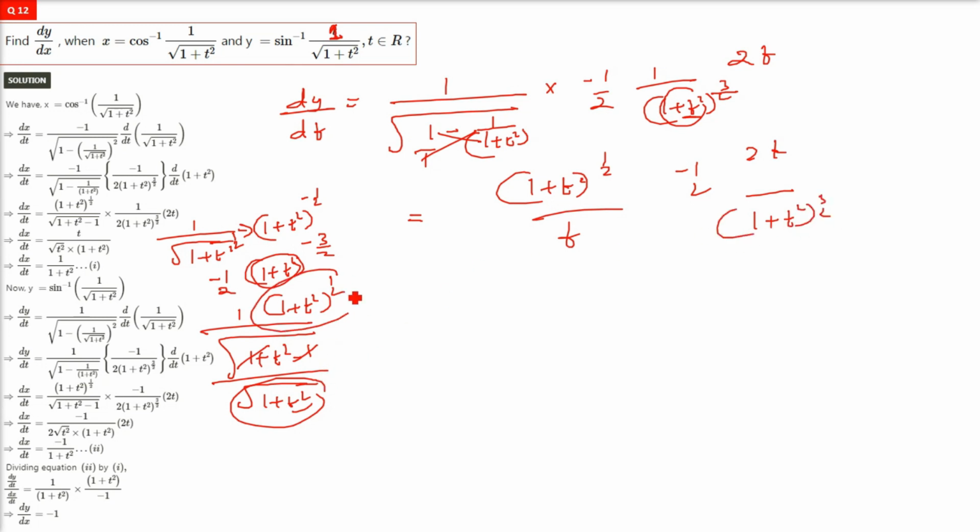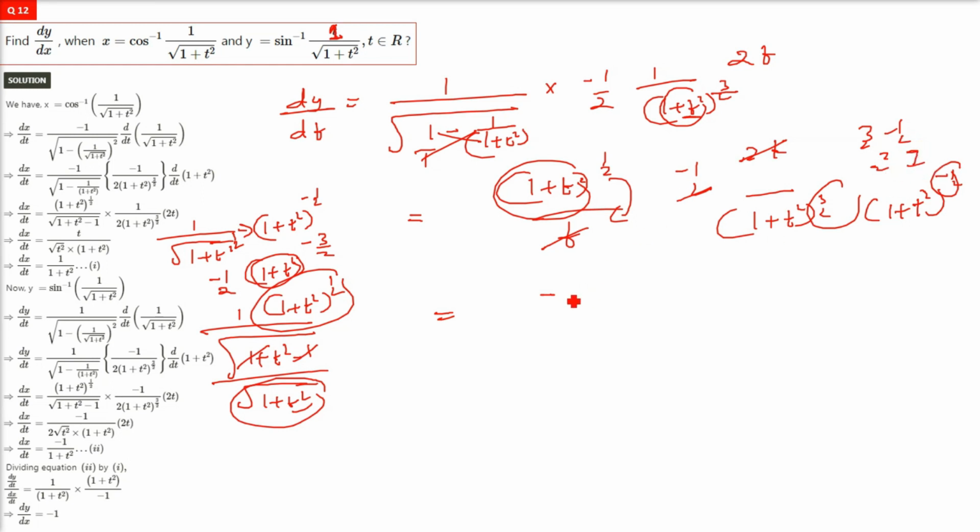So this is 2t. 2 is already there in the denominator, t is also in the denominator, negative. (1 plus t square) to the power half, when it goes in the denominator, it will be (1 plus t square) to the power minus half. So (1 plus t square) to the power 3 by 2 and (1 plus t square) to the power half. 3 by 2 minus half is 1 only. So minus 1 by (1 plus t square). This is dy by dt.